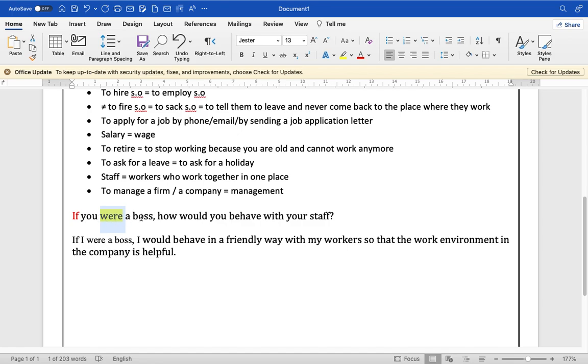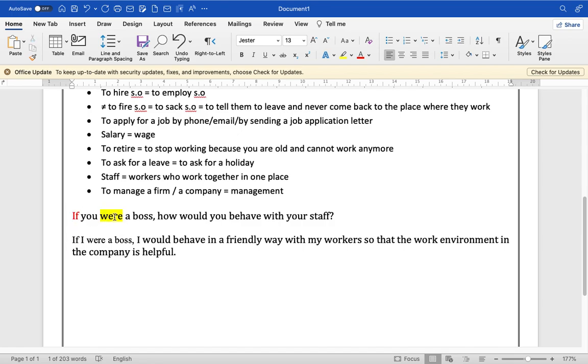If you had been careful, you could have avoided the accident. The accident took place and he was not careful, but if he had been more careful, he could have avoided the accident. I'll add these examples here to remind you of these types of the conditional.